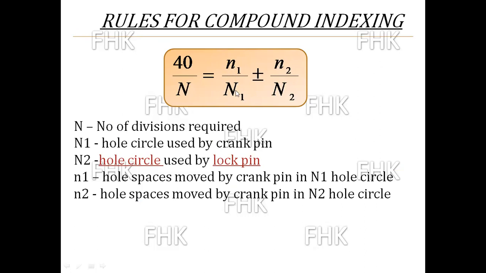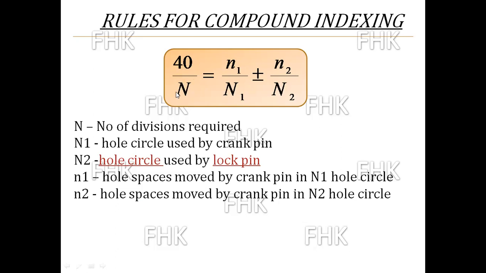And what are capital N1 and small n1? There are two whole circles, a combination of two whole circles on a single plate, either the first plate, second plate or third plate, as per your calculation. What is capital N? This capital N is nothing but how many teeth you have to cut on the blank disc.